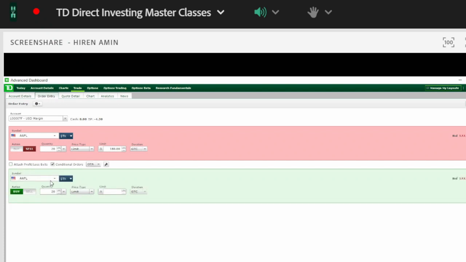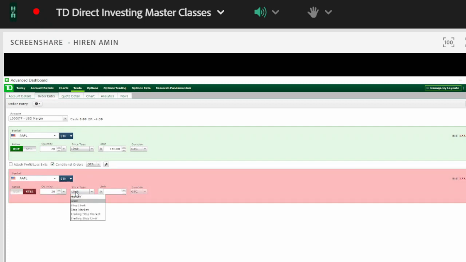And let's say I go back to Apple and I want to sell my Apple as a trailing stop. So I could do a trailing stop order here, and maybe want a trailing stop market. So let's say at 170, and then when I'm doing my trail, I'm just going to set it up here and say, okay, the most loss I want to take is maybe $3.